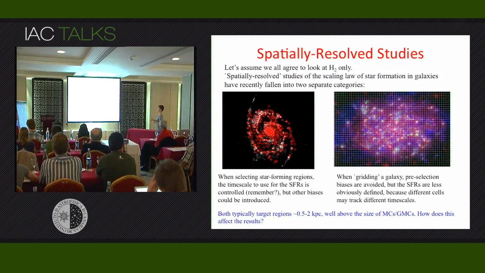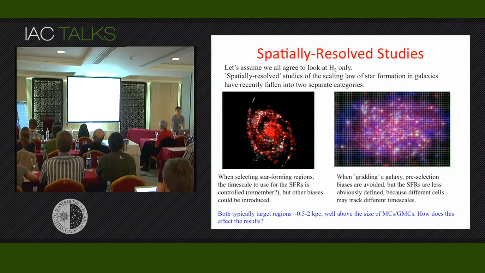On the left, you can clearly see little red apertures that have been dropped on regions where you can clearly see star formation. This is a 24-micron image. In the image on the right-hand side, we have placed a grid on top of the galaxy, and we're looking at regions and trying to measure star formation rates and other properties irrespective of where that grid point is.